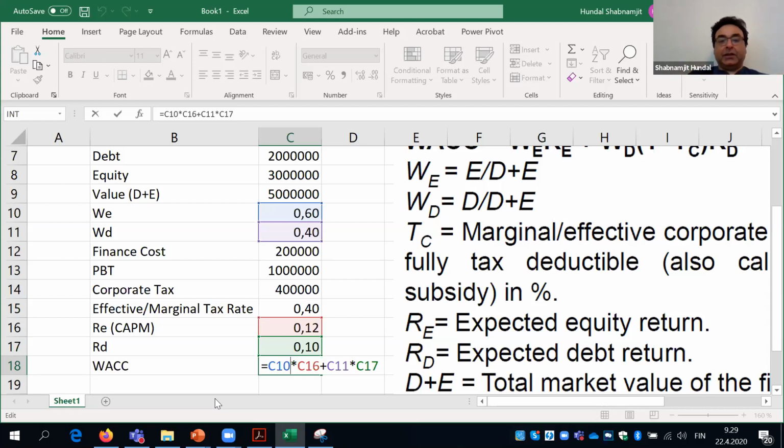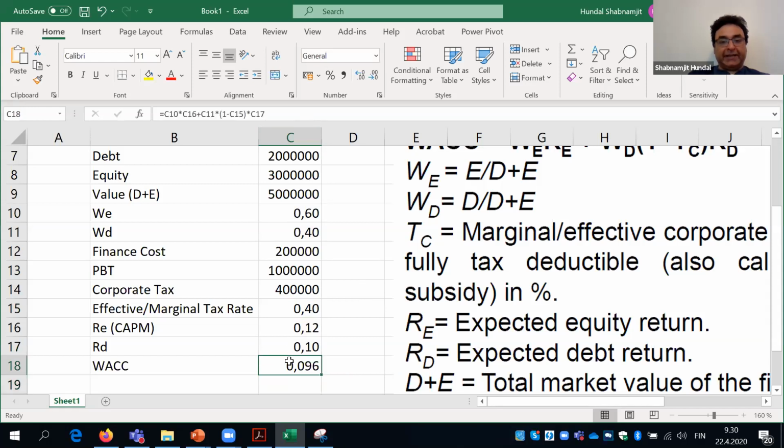There is some subsidy, and you can see in the formula how we do it: when you calculate the cost of debt, we multiply it by 1 minus the corporate tax rate. In other words, there is a subsidy of 40% on debt, and when I multiply this, it comes to be 9.6%.